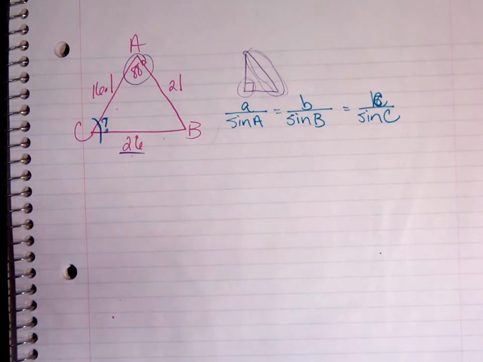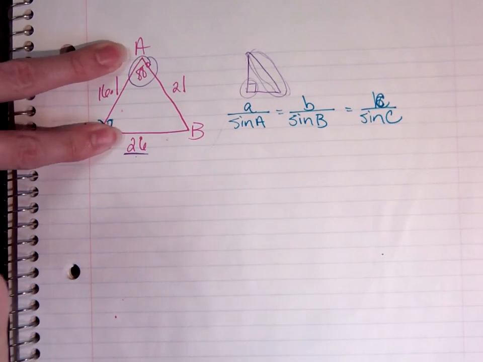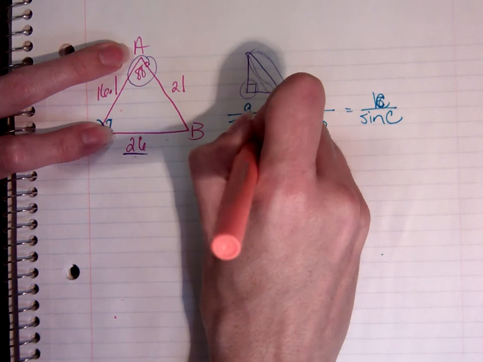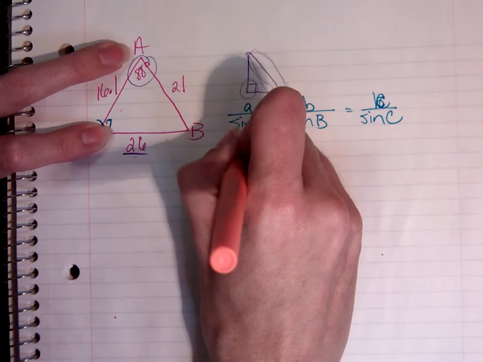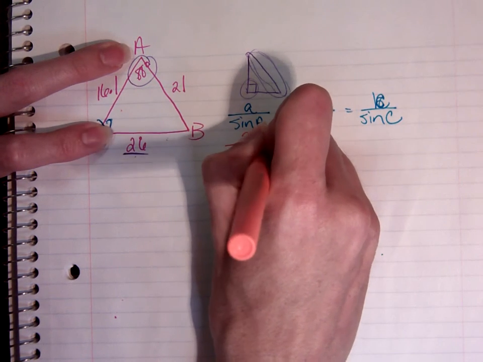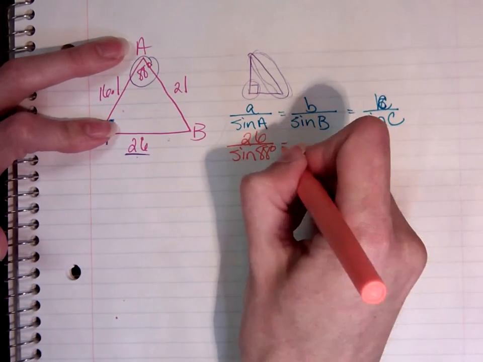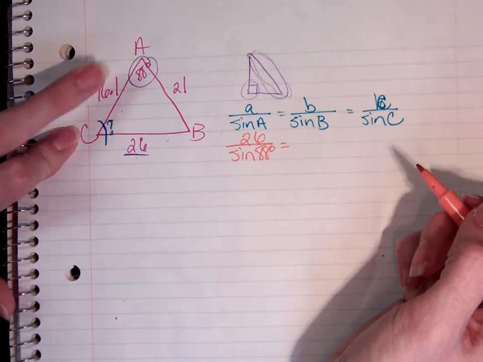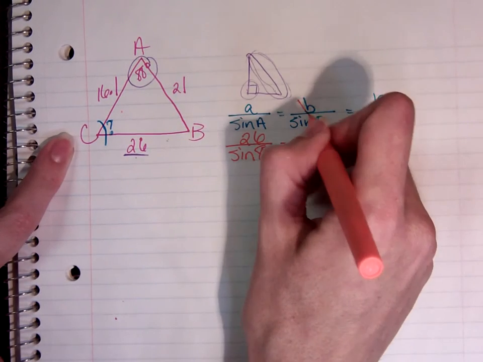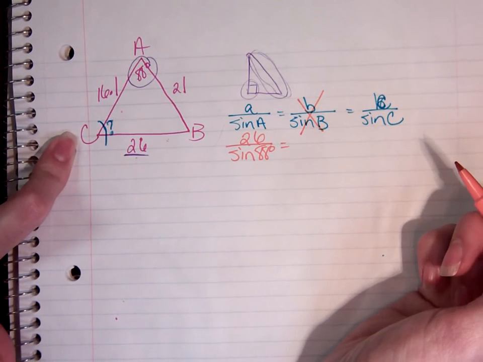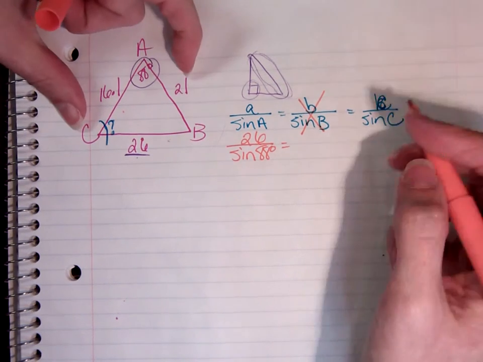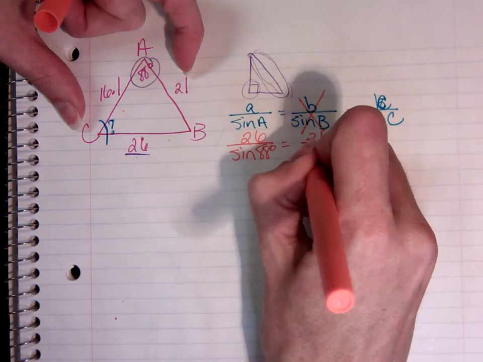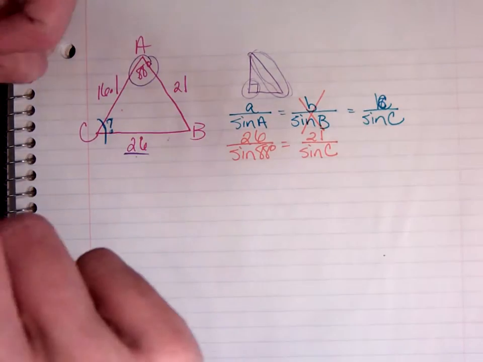I have this fixed relationship between both parts of A. So I know that 26 over the sine of 88 degrees is the first part that I'll need to use. I'm looking for angle C, so I don't need to mess with this B ratio. And we'll go straight to side C, 21 over the sine of angle C.